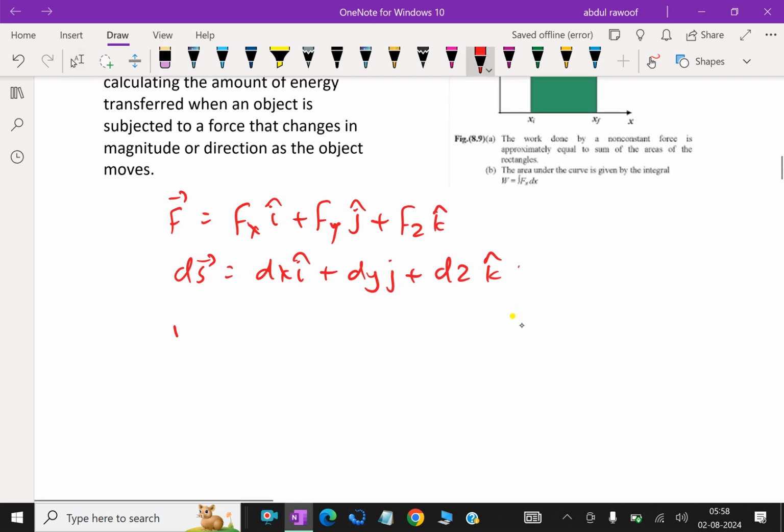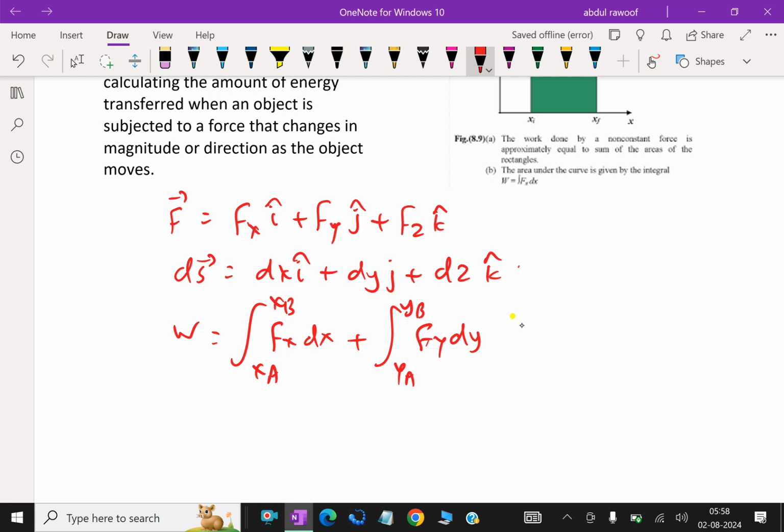Then work is the integral from xA to xB of Fx dx, plus the integral from yA to yB of Fy dy, plus the integral from zA to zB of Fz dz.